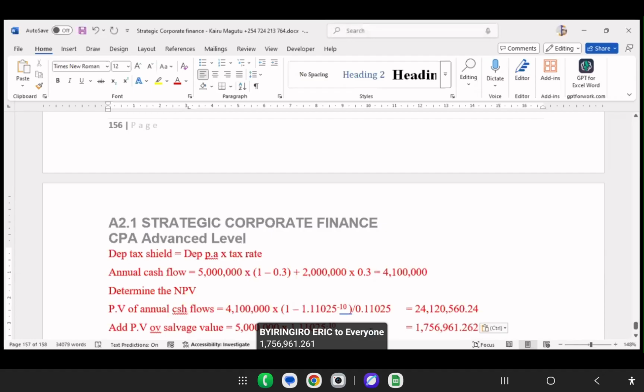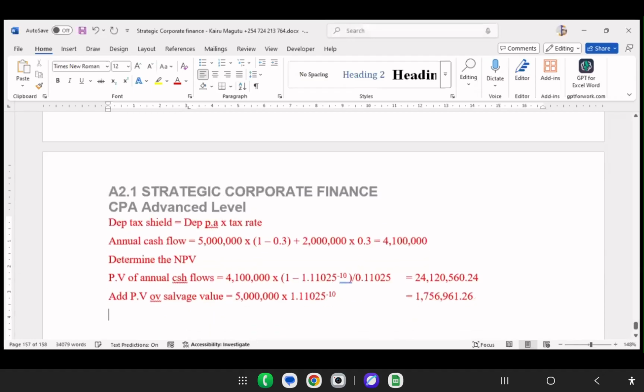Like that. Then we can say that the total present value of the cash inflow. Someone to sum them up, please. Sum them up and give me the amount.